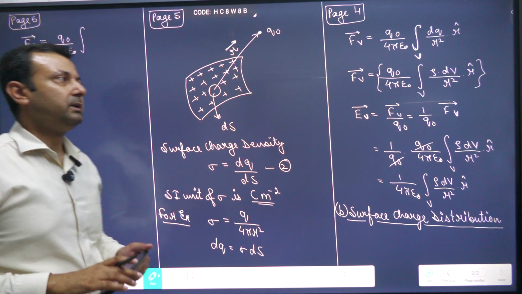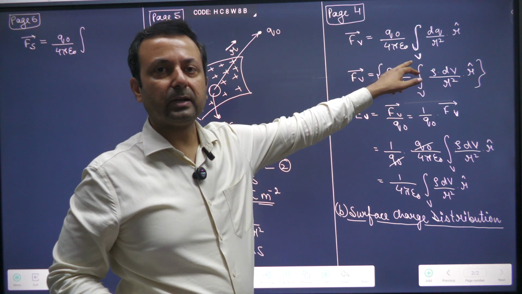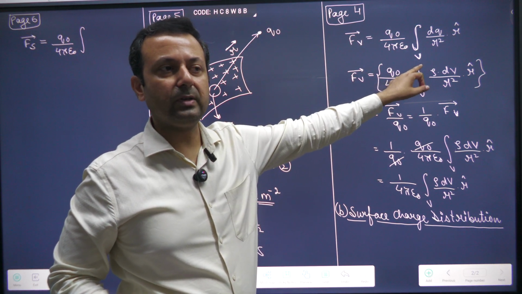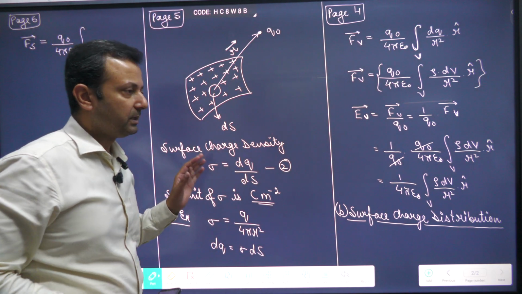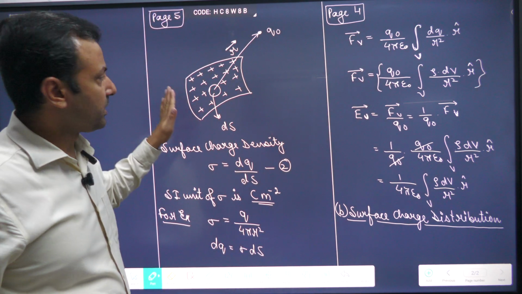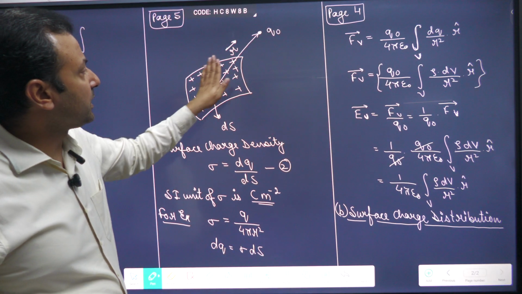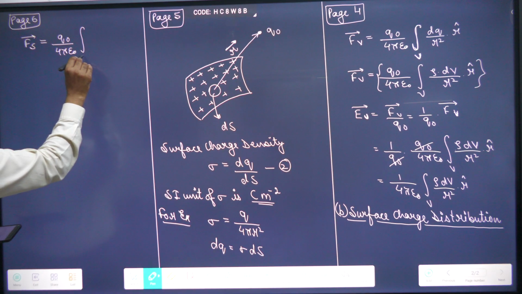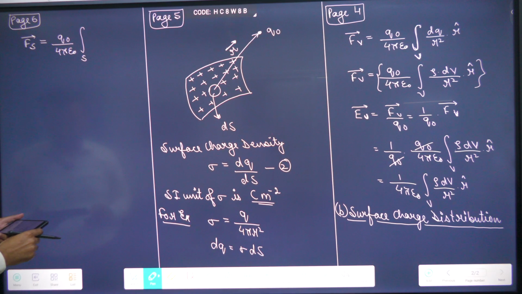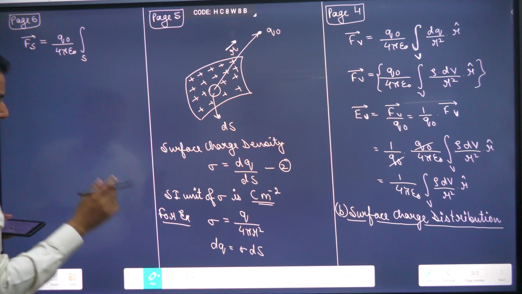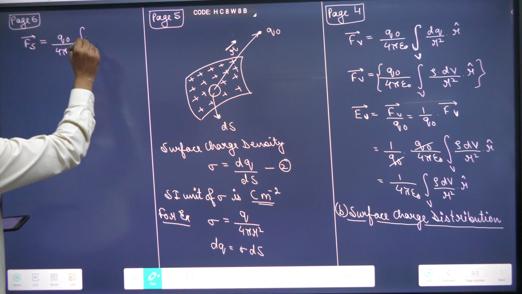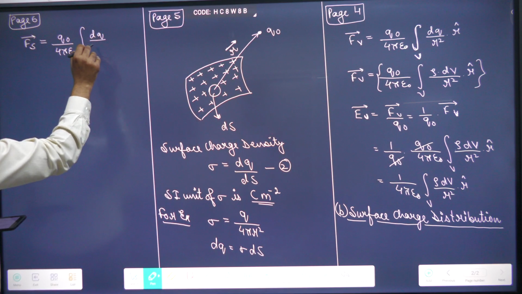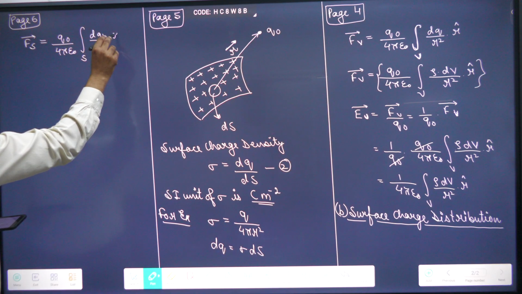There, we were integrating the charges which were filled up inside a volume, so I had written V. Now, I am integrating, which means adding up all the charges which are spread over this surface area. So I will write S here, S is for surface, and then dq upon r square into r cap.